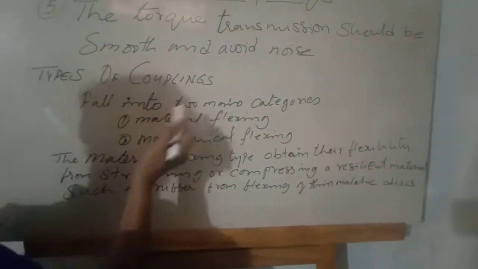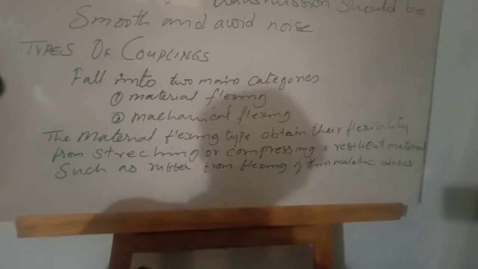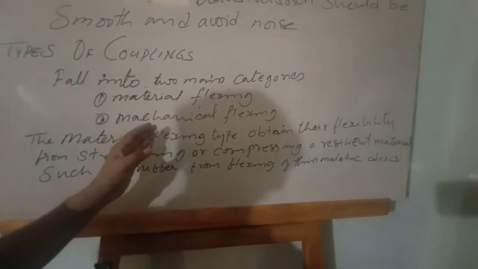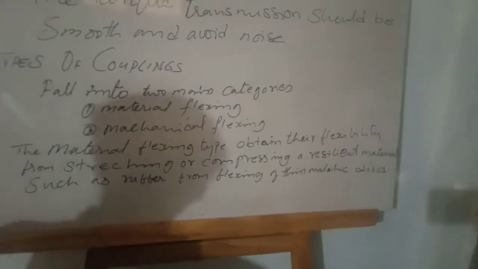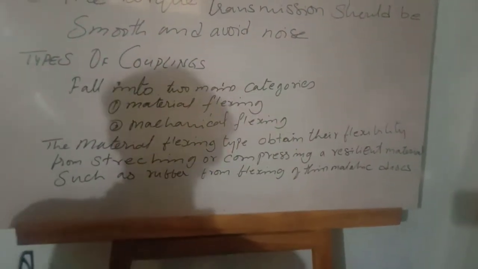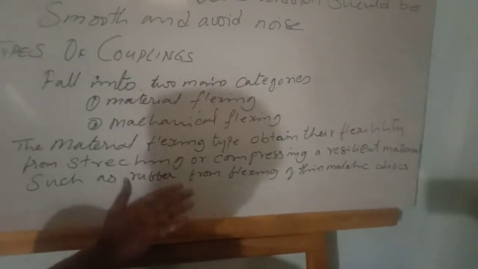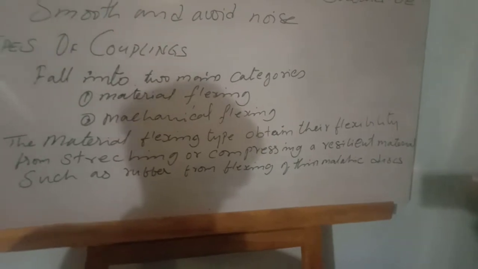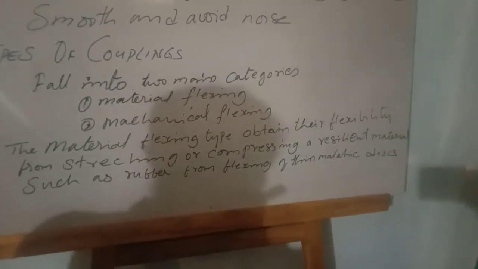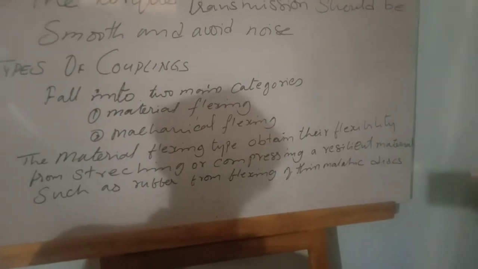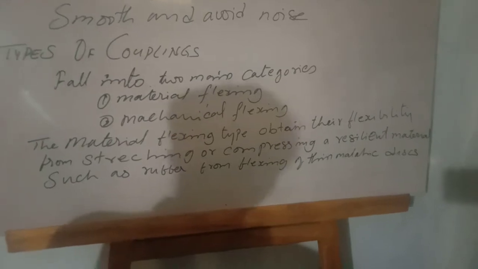Types of couplings fall into two main categories: material flexing and mechanical flexing. Material flexing types obtain their flexibility from stretching or compressing a resilient material such as rubber, or from flexing of a thin metallic disc.